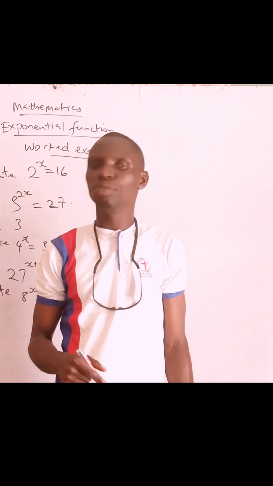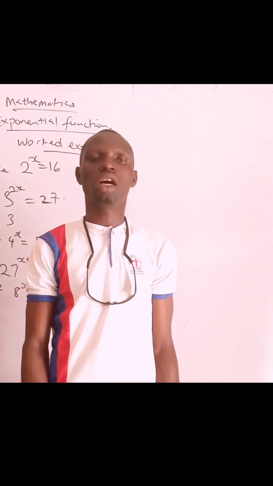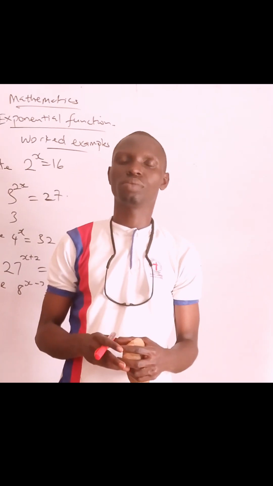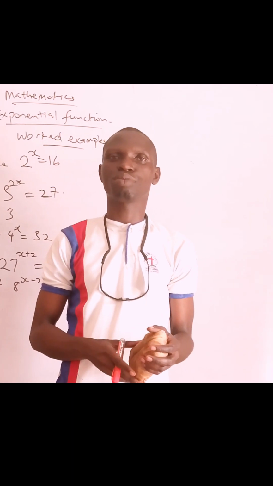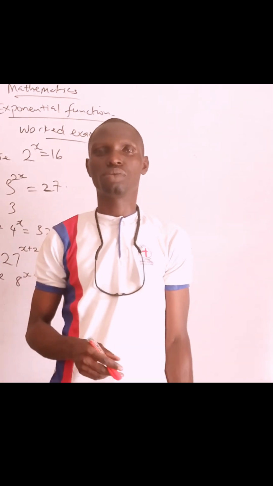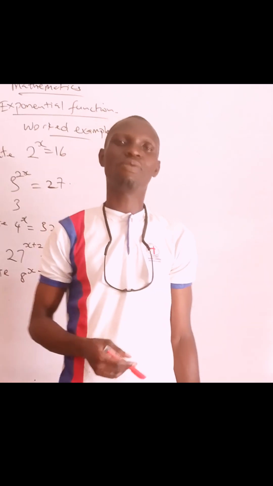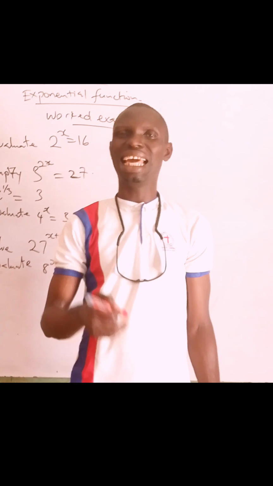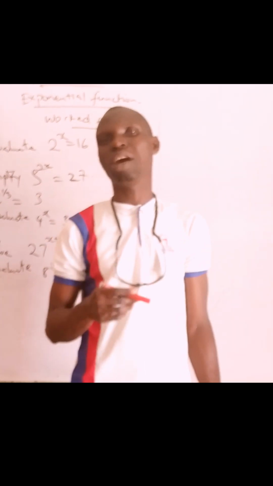So far, so good, we've been able to touch indices. As you could remember in the last video, we talked about exponential function, because exponential function is just indices with an unknown power.